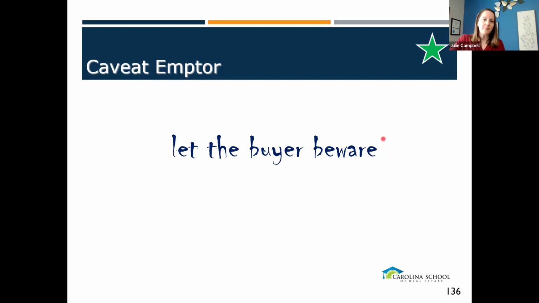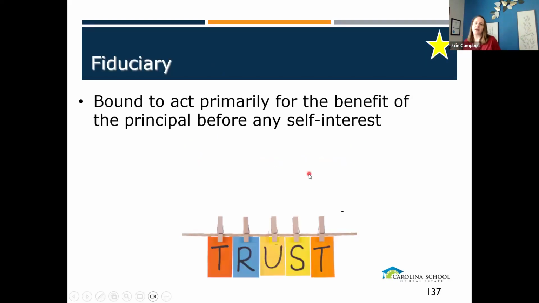Agency relationships are that of a fiduciary relationship. A fiduciary relationship is a relationship of trust. Once somebody hires me, they become my principal or my client. I'll define those words next. Once you're my principal, we are in this fiduciary relationship.